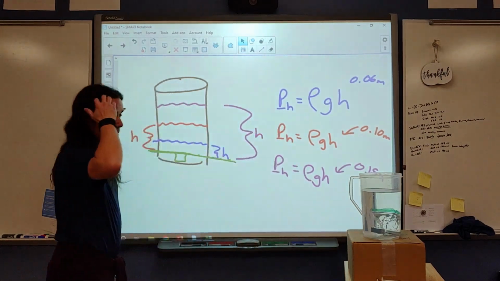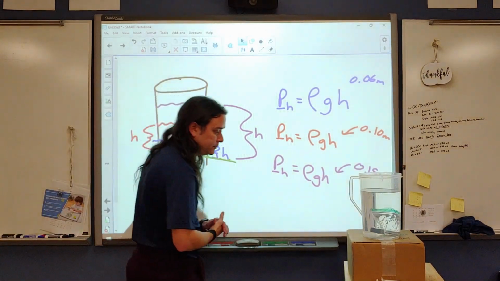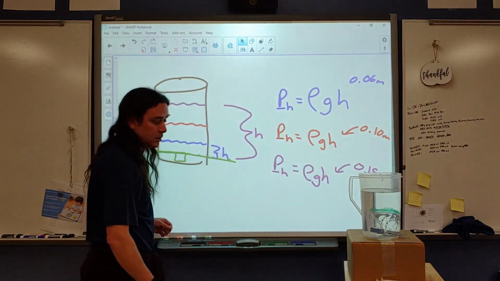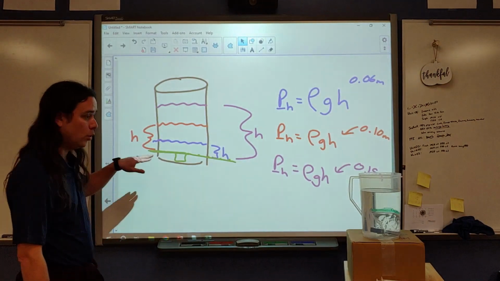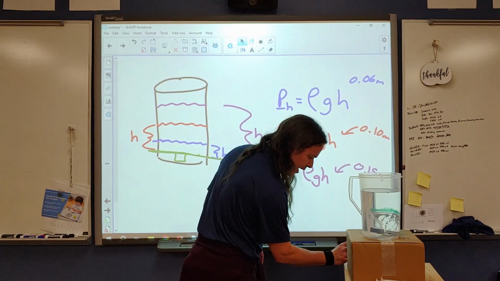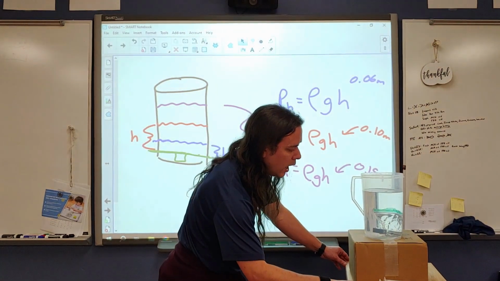Rho, our density, is going to be 1,000 in SI units for water, at least standard water. Yeah, we're at about 97,000 is our actual pressure that it's reading right now. Just a little bit below that, 96.9, I think. And so we've got that.